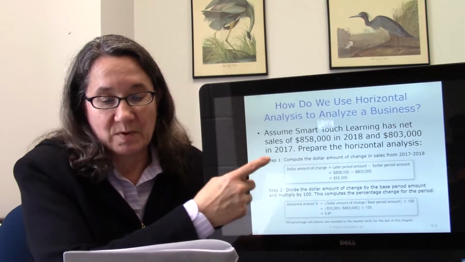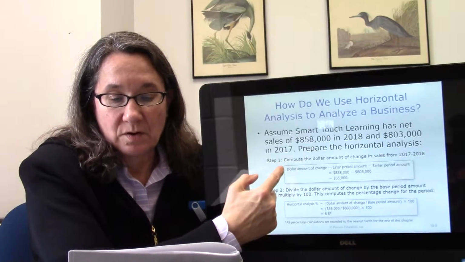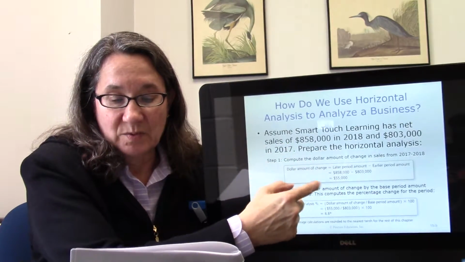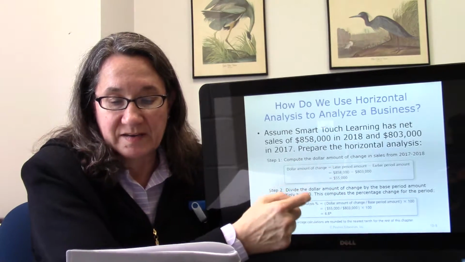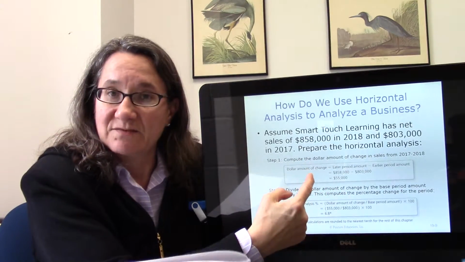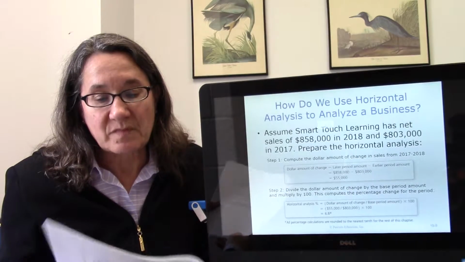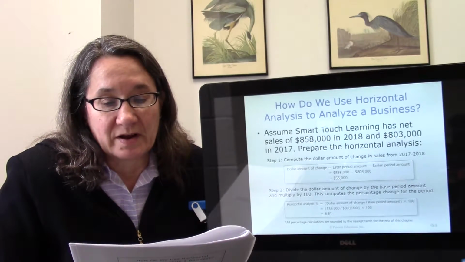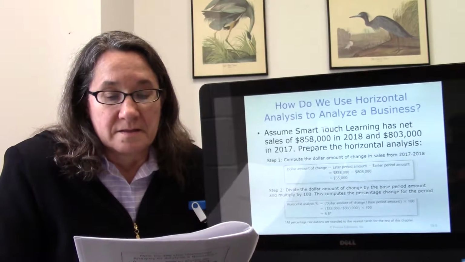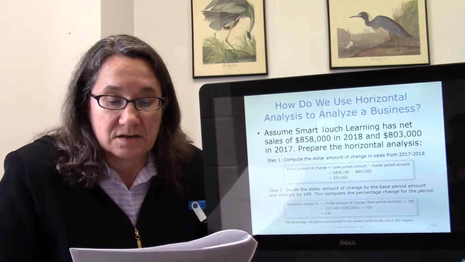So, step 1, compute the change. So, later period minus earlier period. So, 2018 minus 2017, 858 minus 803. So the change is $55,000. Divide the dollar amount by the base period amount and multiply by 100. This computes the percentage change, right?